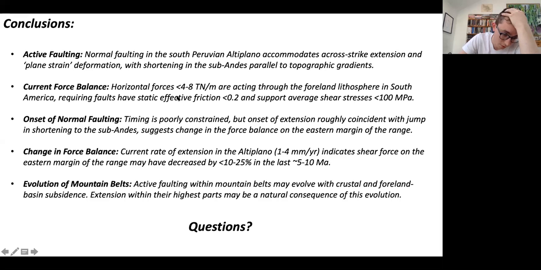So a lot of those observations from those early studies, I don't know about the ones that Manfred's talking about here, are often metric scale offsets along faults within really local, isolated sedimentary basins.